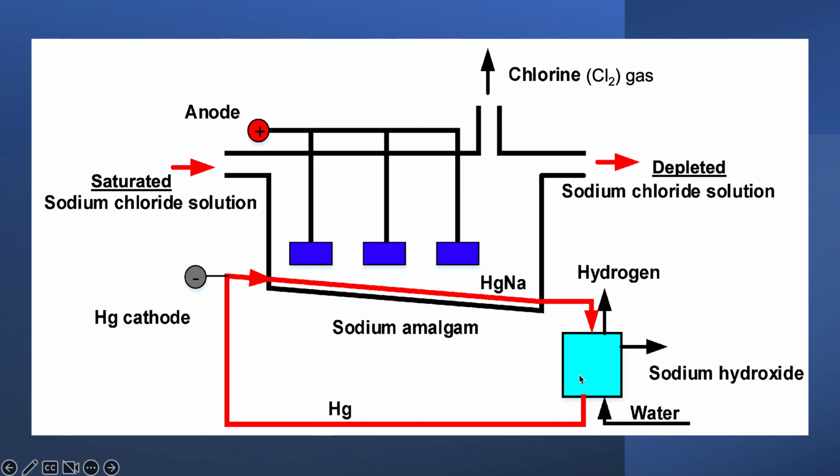Here we have our sodium digester, and here we have an outlet where your depleted sodium chloride solution exits from. And finally, we have an additional outlet from which our chlorine gas escapes.